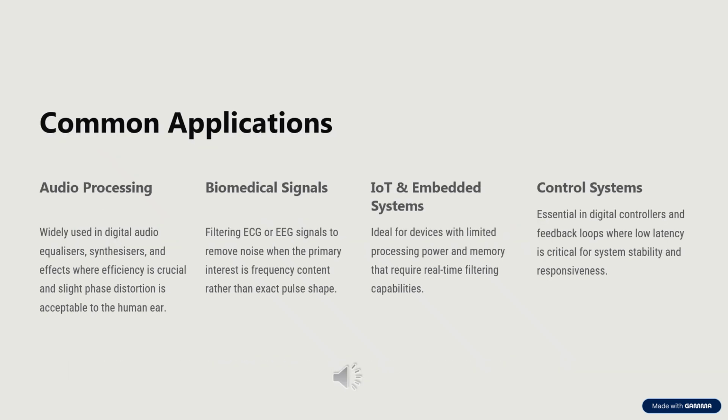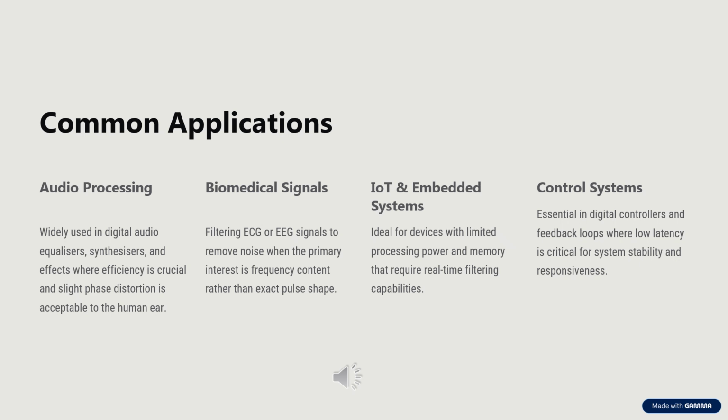So now that we've seen how our IIR filtering system works, let's see where it's actually used and why it's still so important today. You must be wondering what makes these filters so special. The thing is that they produce a strong filtering effect using very few coefficients. In simple terms, they are powerful, fast, and efficient, which is why they are used almost everywhere signals need cleaning or shaping.